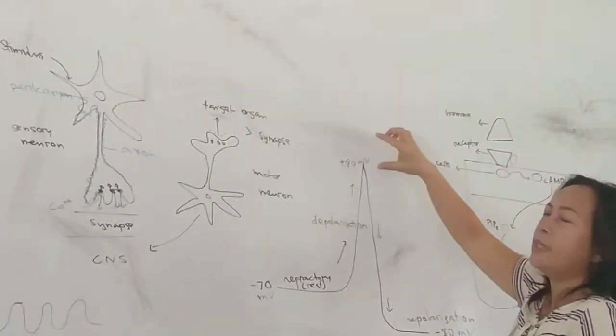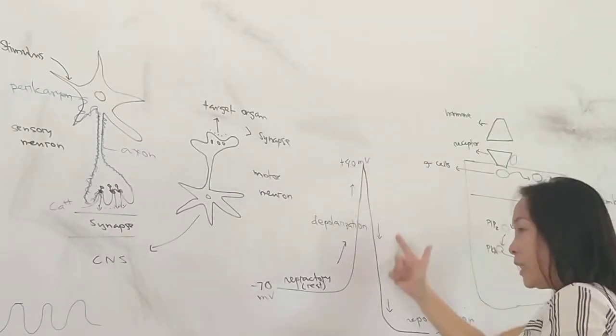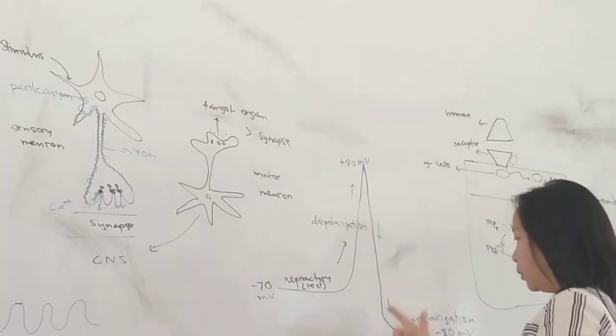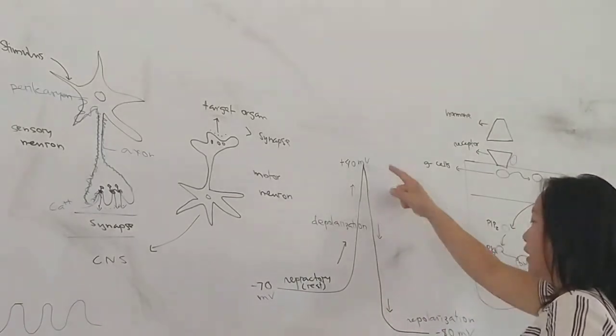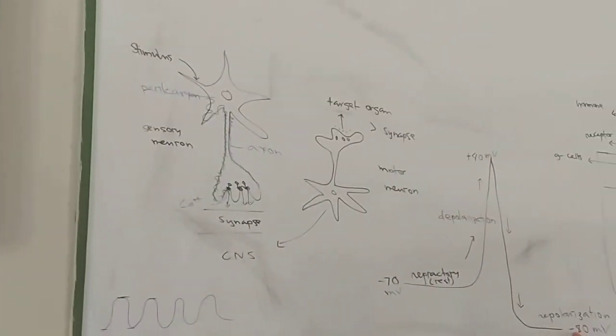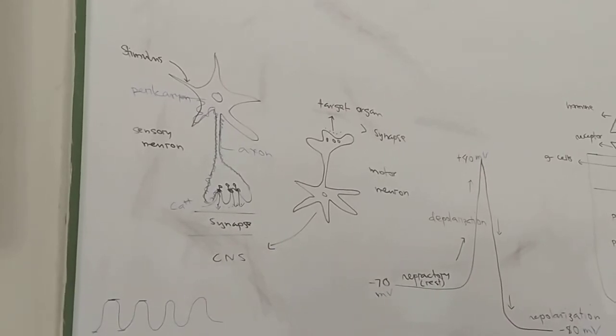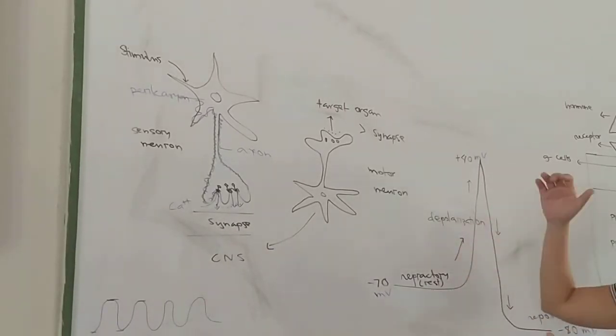That is the top of the spike. Now, it cannot stay there. It has to go down. So we call this the downhill. This downhill, up to the repolarization, reaches negative 80 millivolts. Okay? Now, what happens in the depolarization?